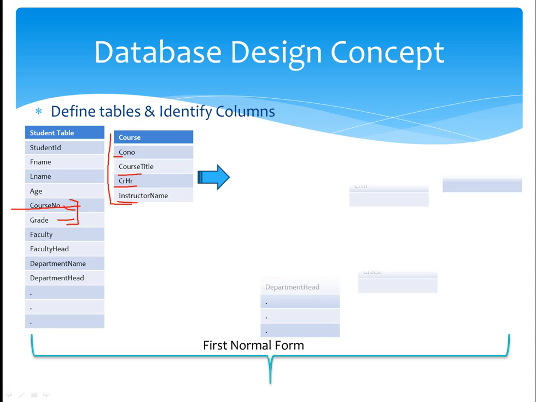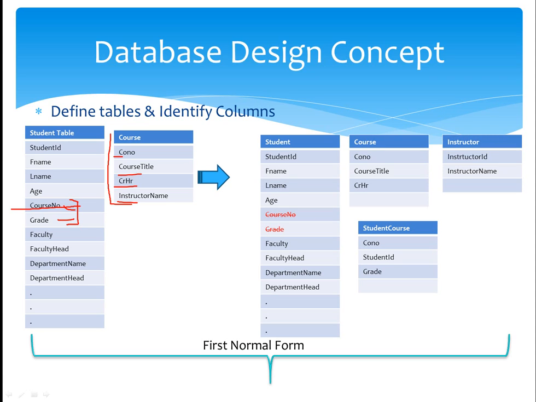Even beyond this, we can have this kind of table. That means instead of having course number in the same table like a student, because course number and grade will be repeated, we avoid these two, and then we just create another table. It's called student course. As you can see here, we have course number, student ID, and grade.